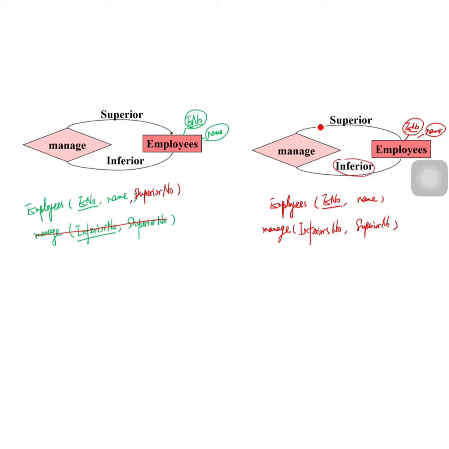We'll rename it based on this rule. Because this is a many-many relationship, the primary key of manager is the set of inferior number and superior number. This is the difference.